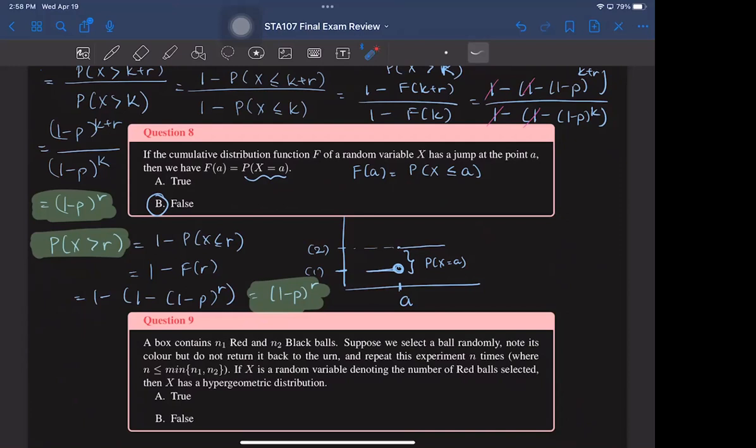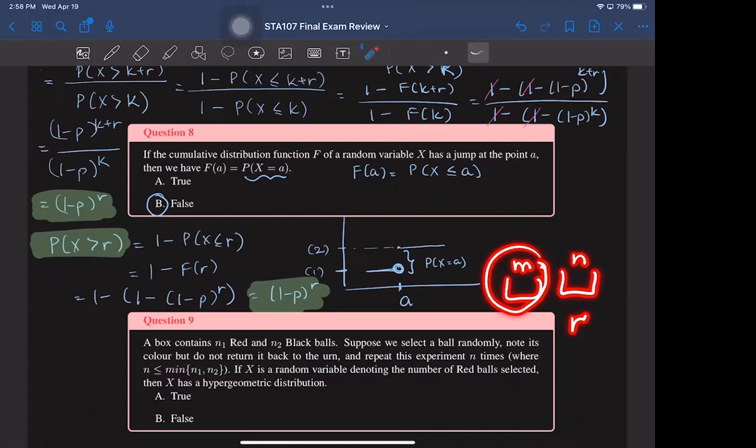A hypergeometric distribution is like, let's say you have m objects from one group, n objects from the second group, and let's say you pick out r objects from both groups, and you are interested in how many objects come from, let's say, the first group.